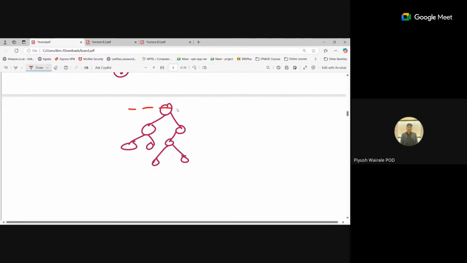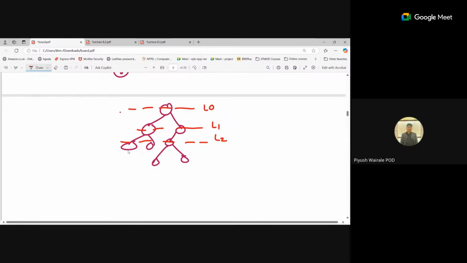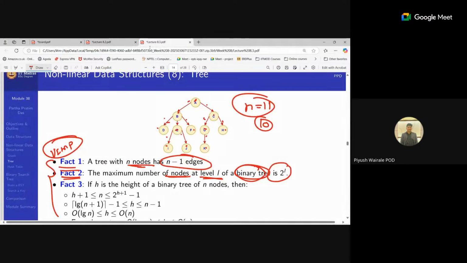Now let's say this is level 0, level 1, level 2, and let's say this node also has two children, and this node also has two children like that, right? So this will be my level number 3. Okay, L3.